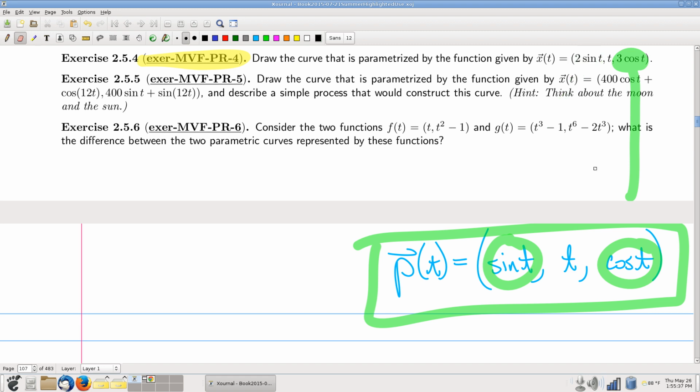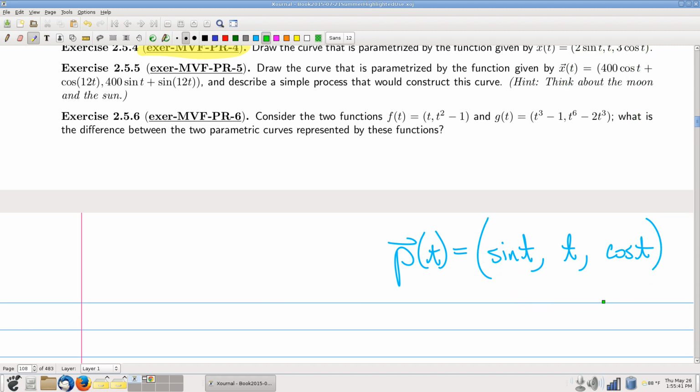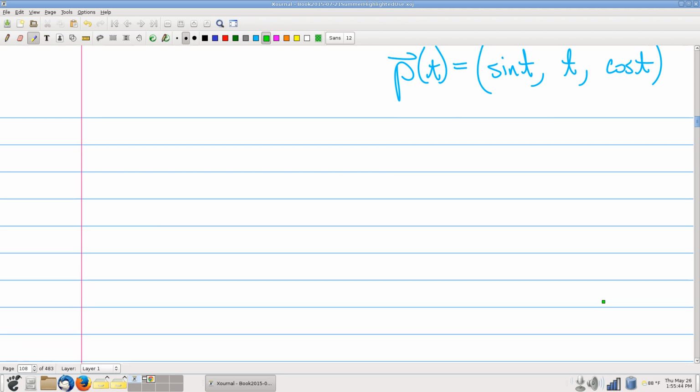Okay. All right, so let's go to understanding this now. Good news. Let me remind us what this means. That's x, and that's y, and that's z. So x and z have a Pythagorean relation.